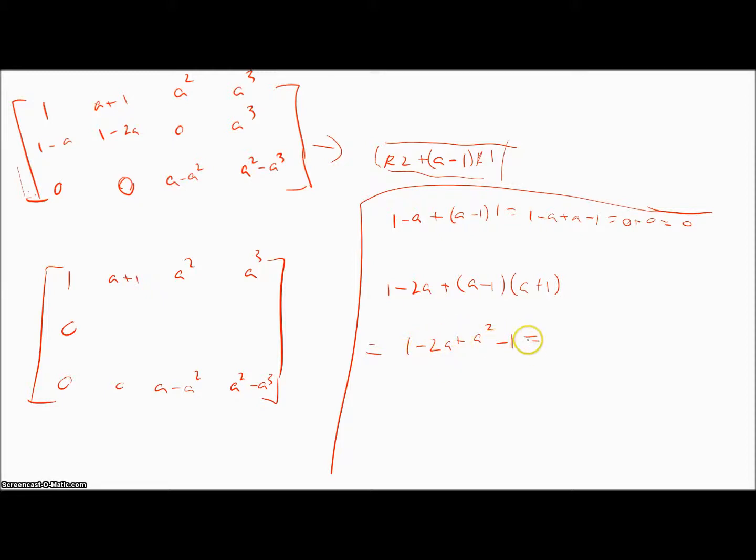So here I got 1 minus 1 is 0, and I get a squared, and I get minus 2a. And that goes there. A squared minus 2a.